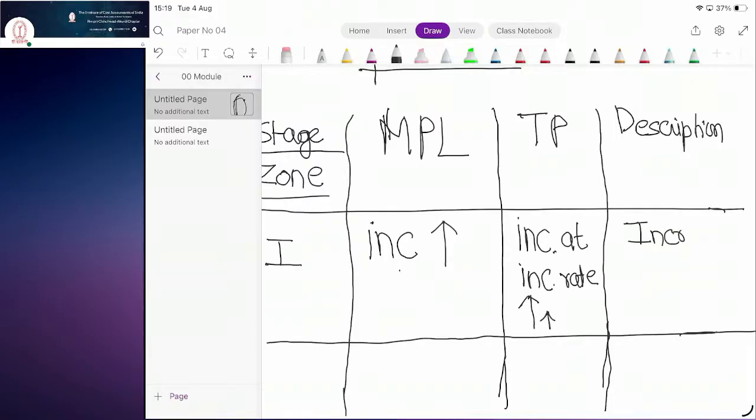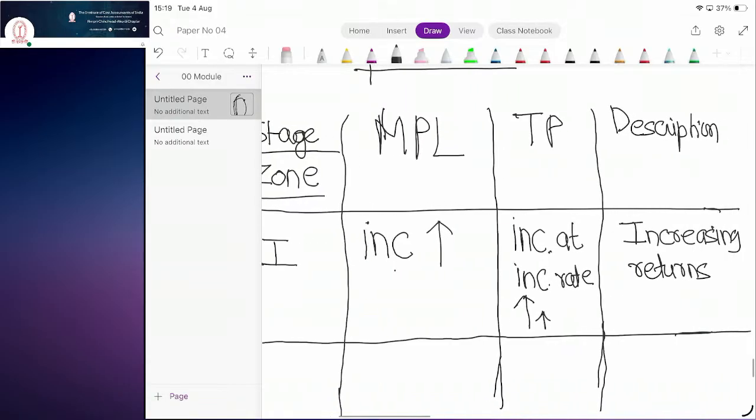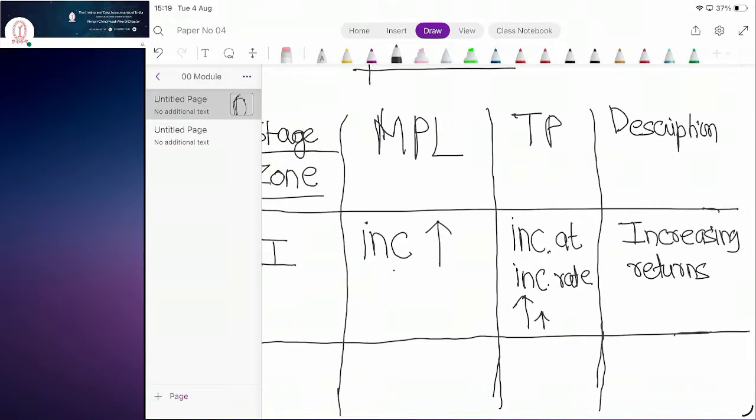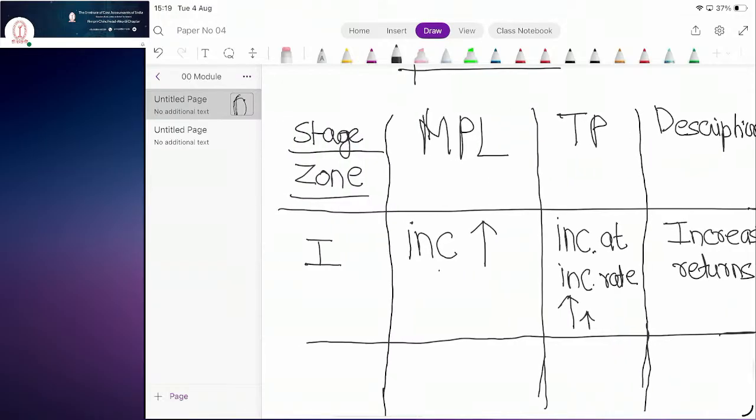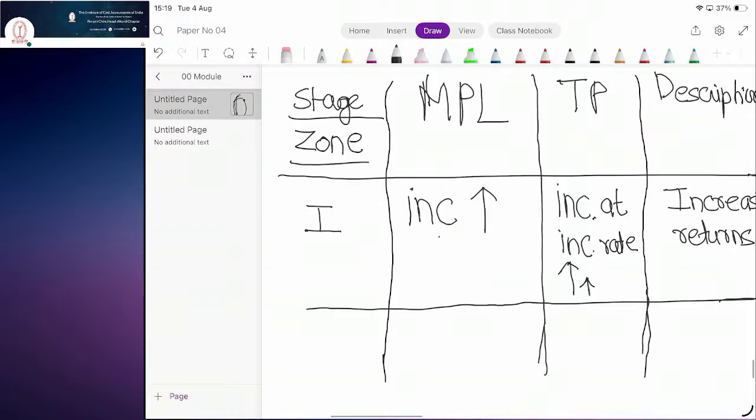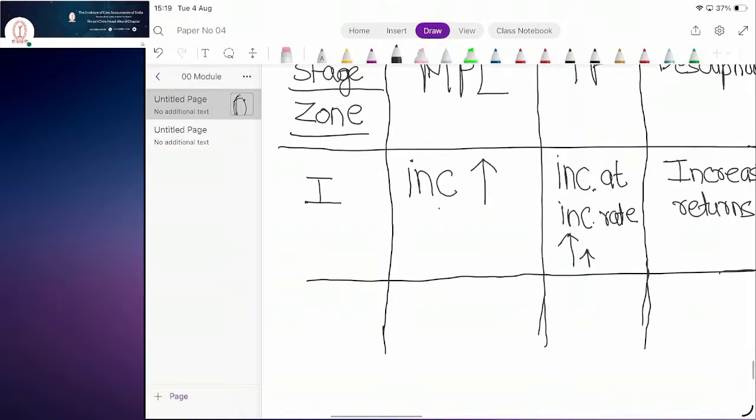Sometimes we call this region the region of increasing returns, but usually it is at very low units of labor, so firms go beyond this increasing returns. Okay, understood? That is why it is called increasing returns. Okay, so now come to stage 2.